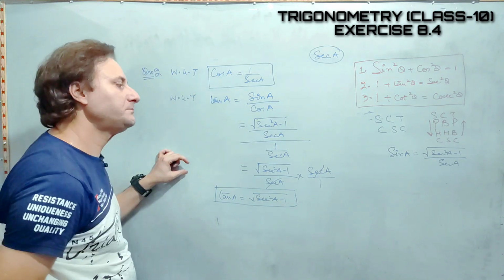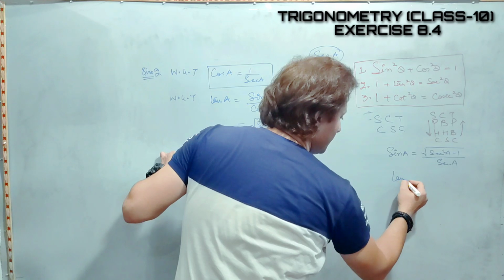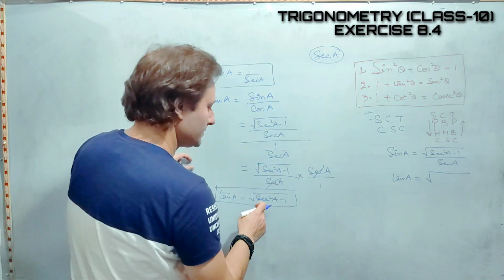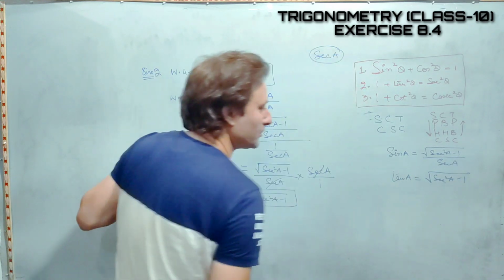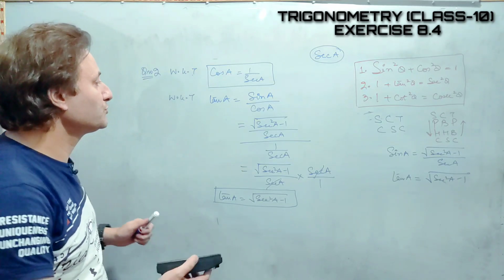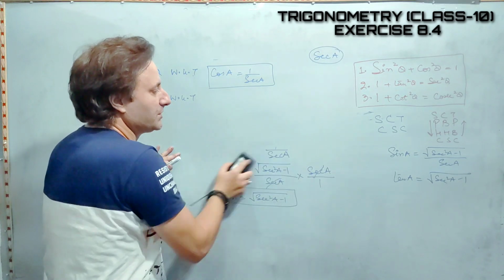Guys, clear? Let me write the value of tan A as well. Tan A is equal to under root sec square A minus 1. I hope this is clear, guys. Yeah? So we are done with sine, we are done with cos, we are done with tan.